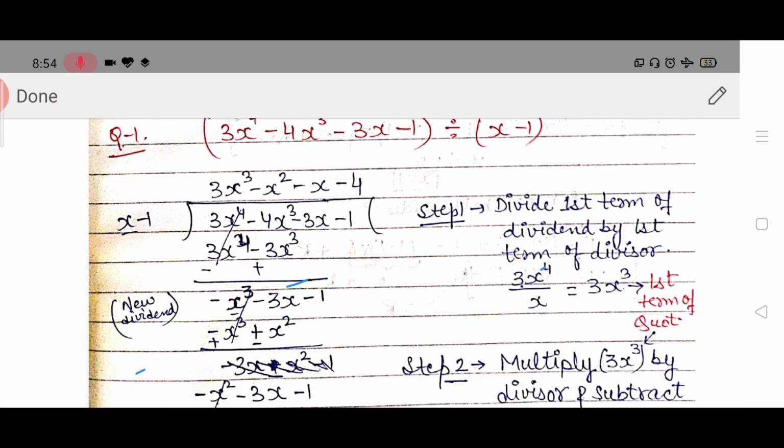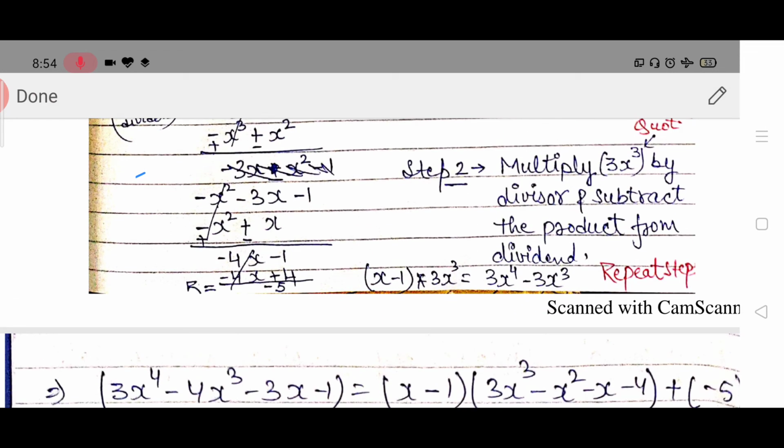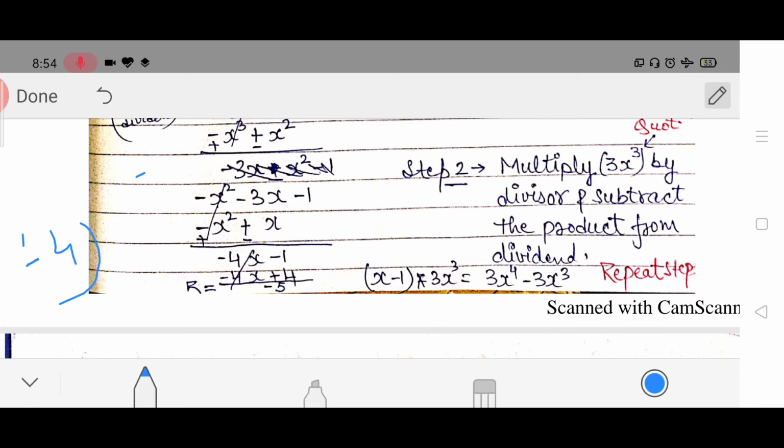Minus 4 was our new quotient, and what was our divisor? x minus 1. You have to multiply this. Minus 4 into x is minus 4x, and minus 4 into minus 1 is plus 4.